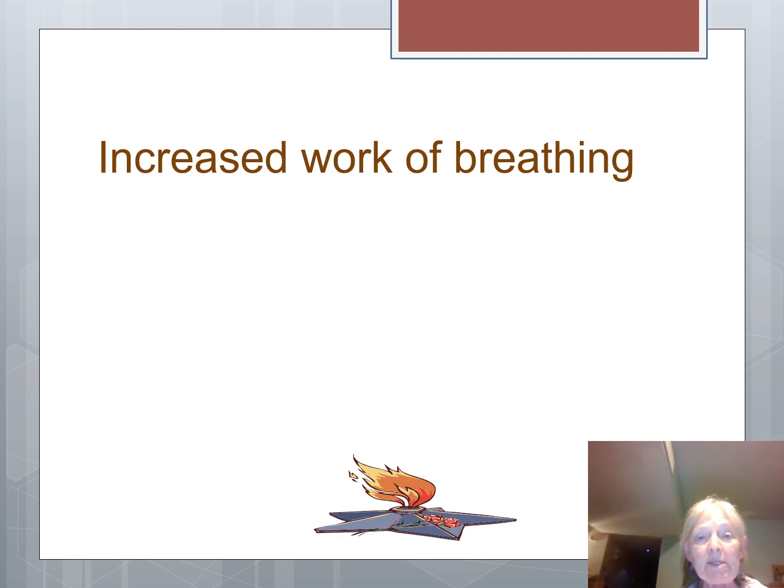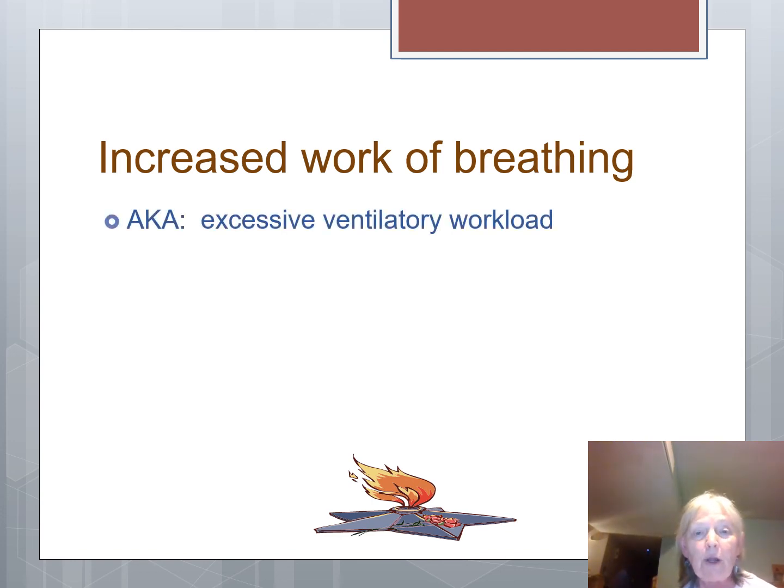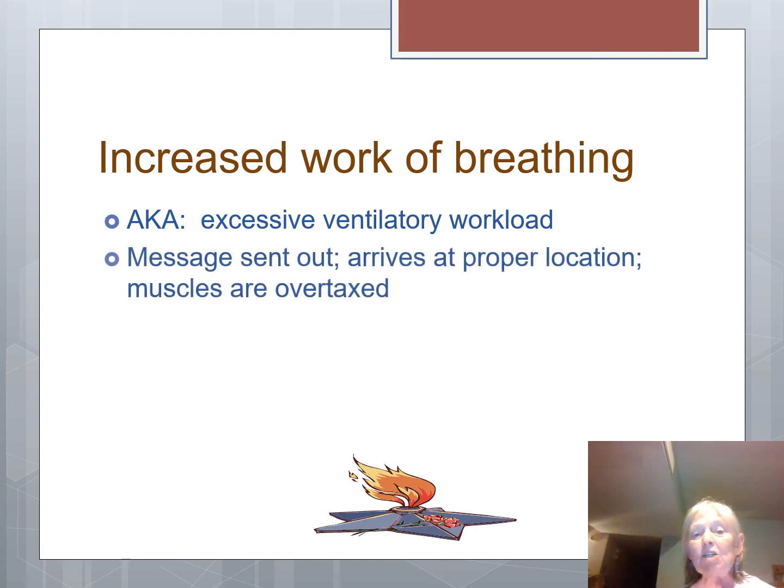And so what we see with this one too is excessive ventilatory workload. The message actually got out of the brainstem, made it through to the muscles, and has now arrived at the muscles to try to continue to have them work. What's happening is the muscles are tiring at this point. They're way overtaxed.